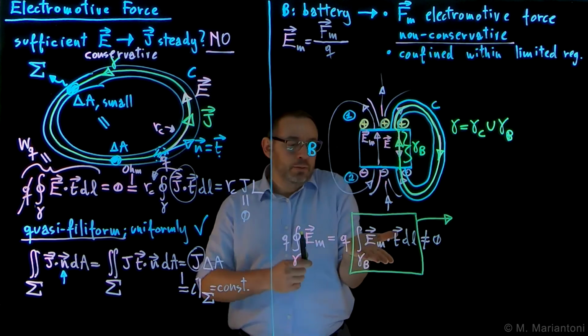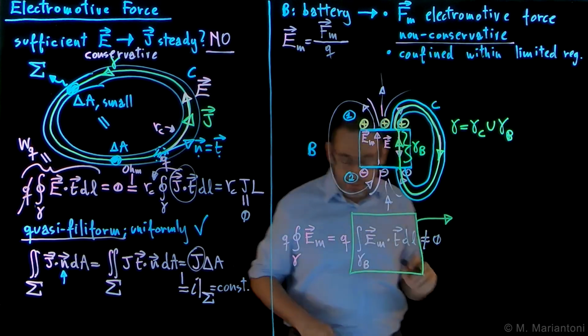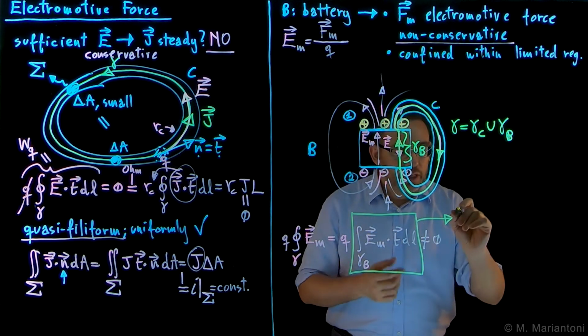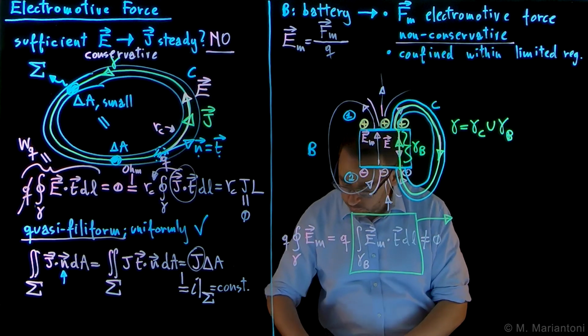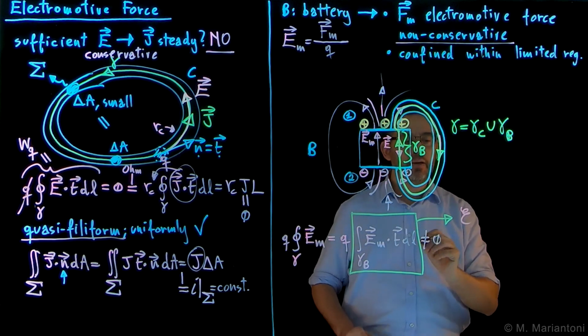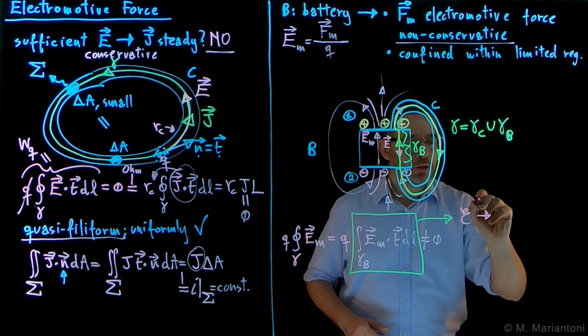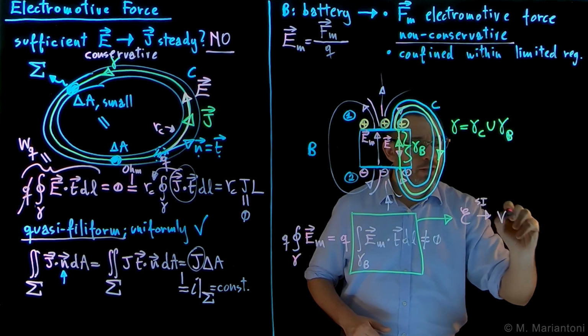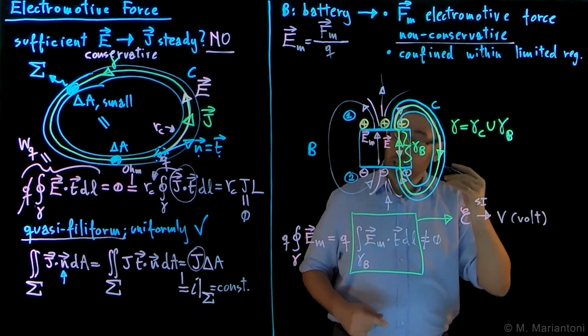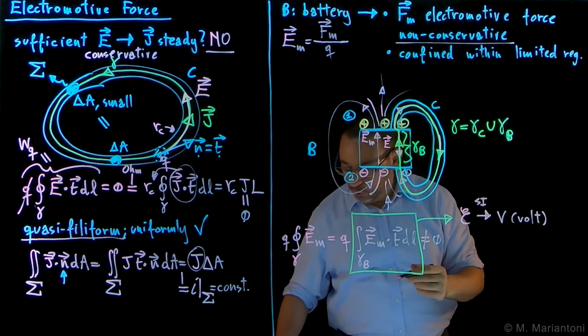Of volt, obviously. So the SI unit of this quantity, which we called epsilon, or this funny E, is volt. This is also called the electromotive force, or EMF.